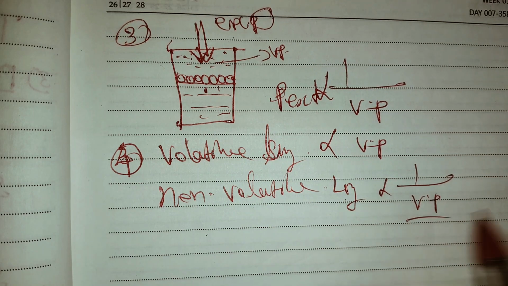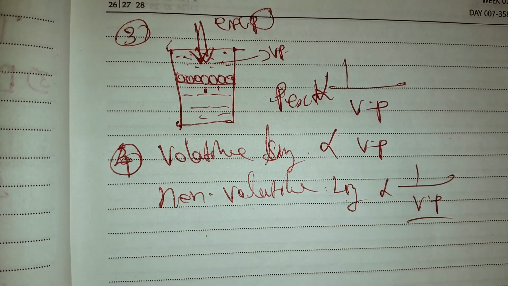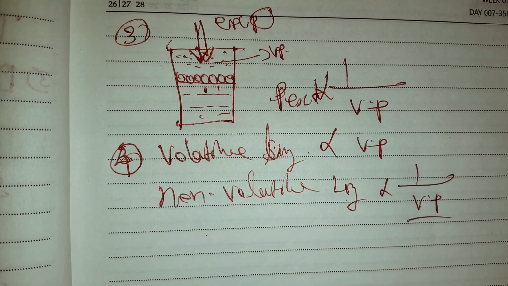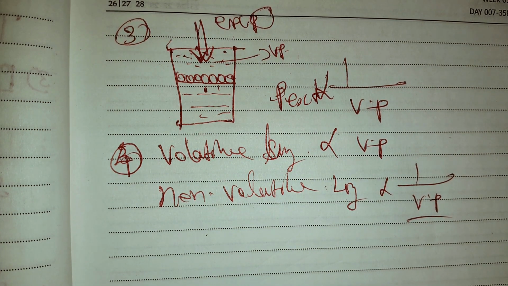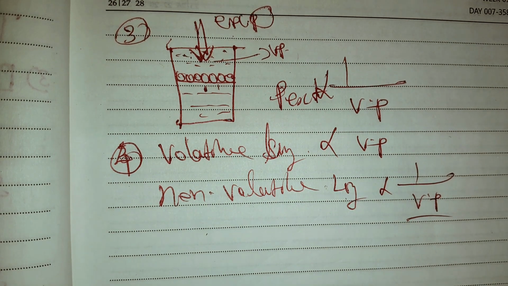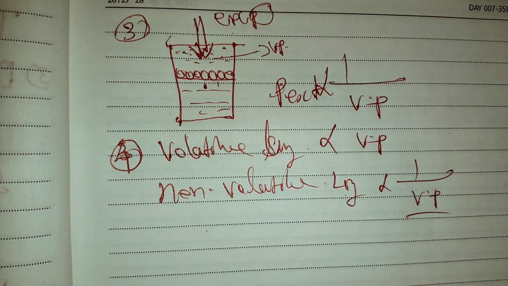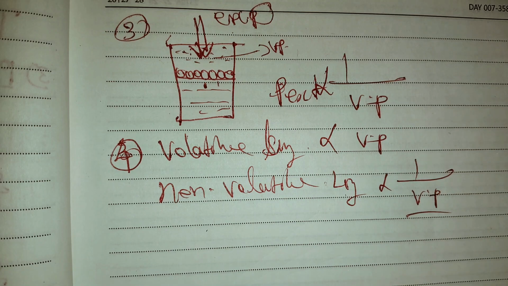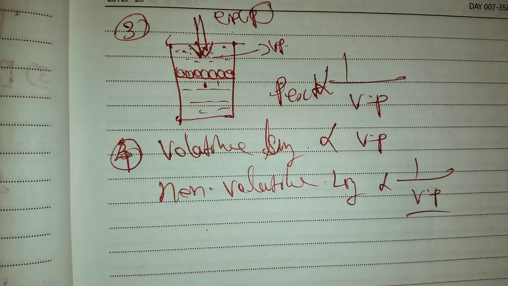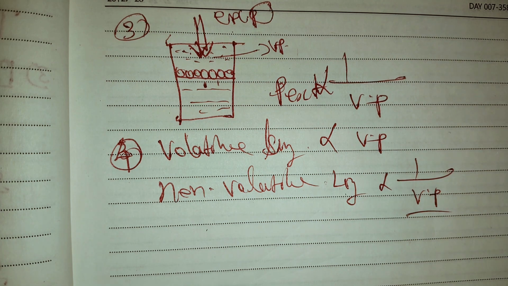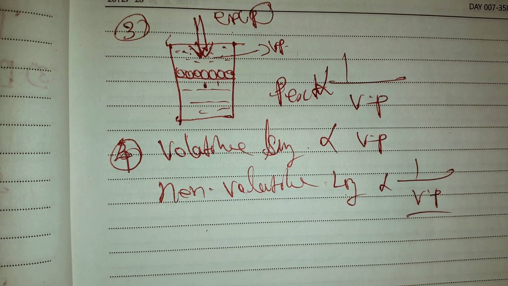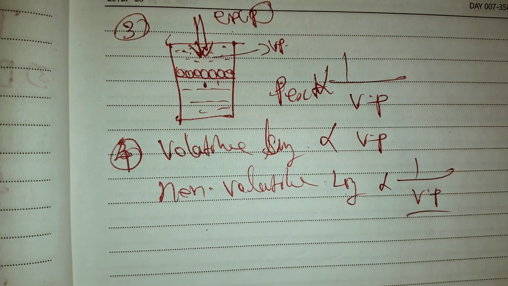A more volatile liquid creates more vapor pressure, because more gaseous molecules occupy the space above the liquid. The vapor pressure of a liquid decreases on increase of external pressure. That one point is very important.